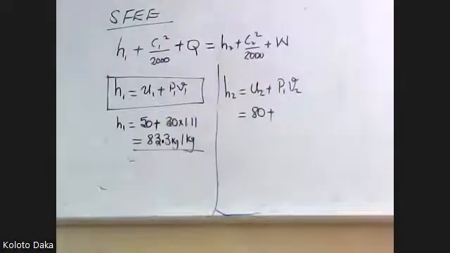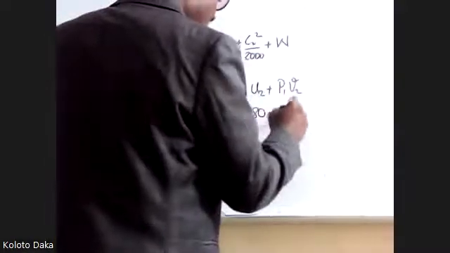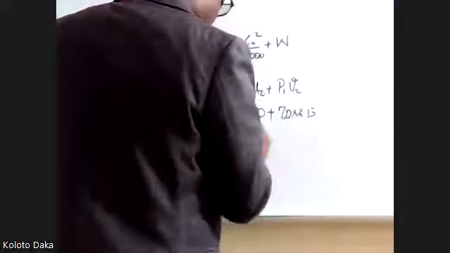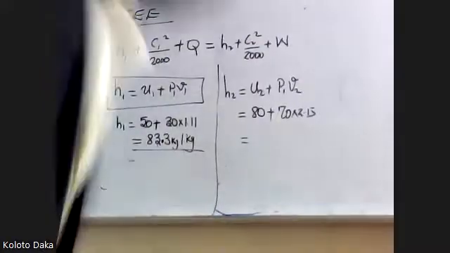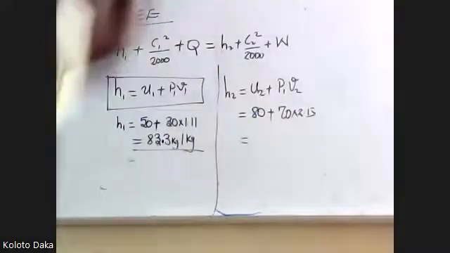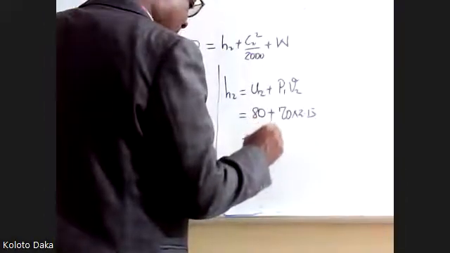The pressure is 70, right? Yes, sir. 70 times 2.15, and specific volume was 2.15. When you punch this, what are you getting? We are getting 230.5 kilojoules per kg.